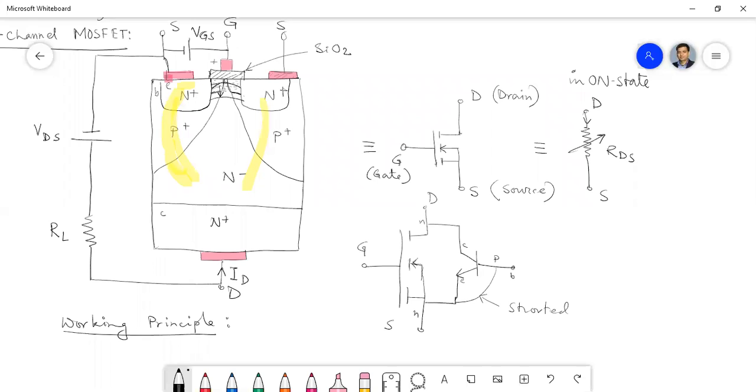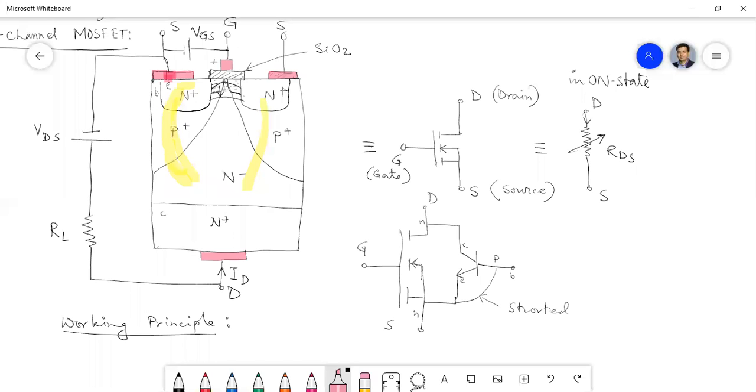So to avoid this problem, we extend this metal portion to short the P substrate as well. By doing this we short the base and emitter of the NPN transistor.